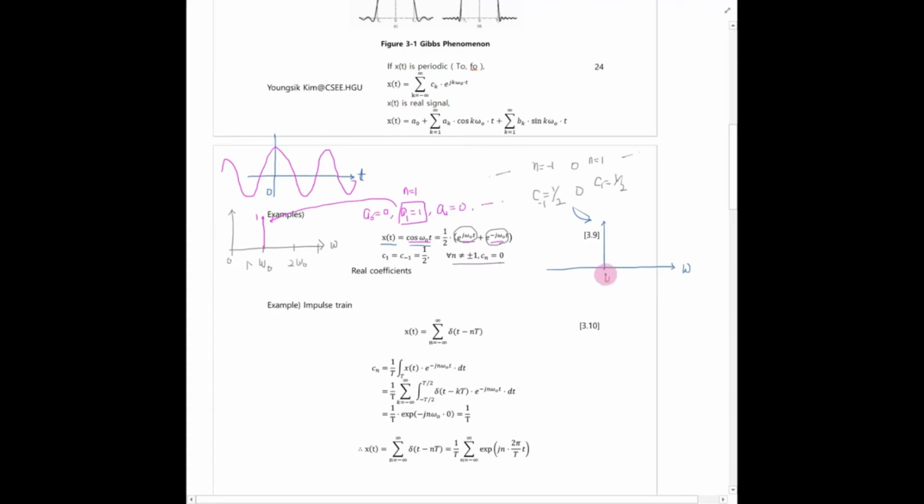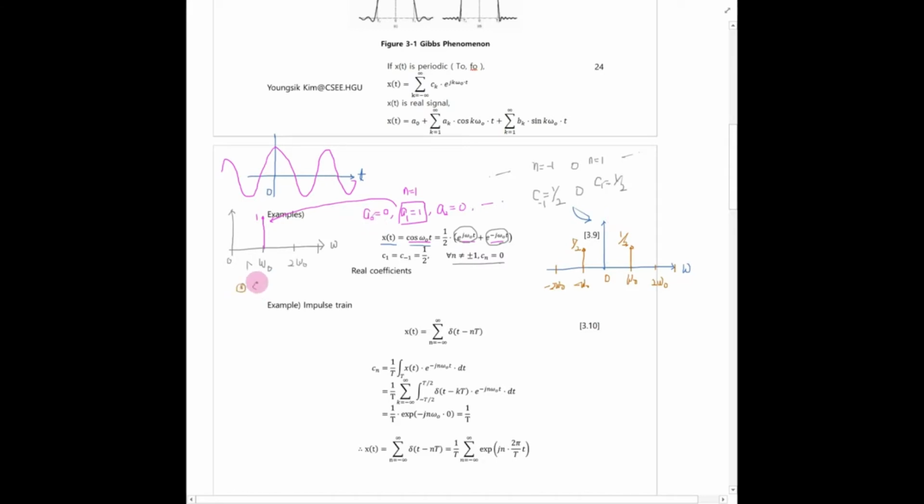So 0 and omega 0, 2 omega 0, 3 omega 0, and this is minus omega 0, minus 2 omega 0, and that. It has only omega 0 and minus omega 0. So each one is 1.5, 1.5, like that. So you can plot the spectral domain this way.